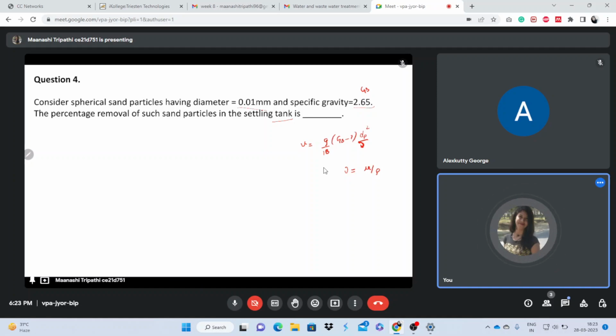So please try to solve this question, then we will see the solution. You can match it with yours.